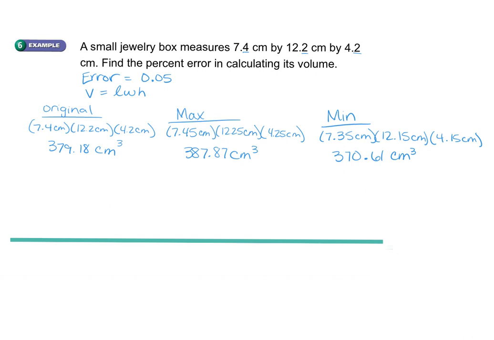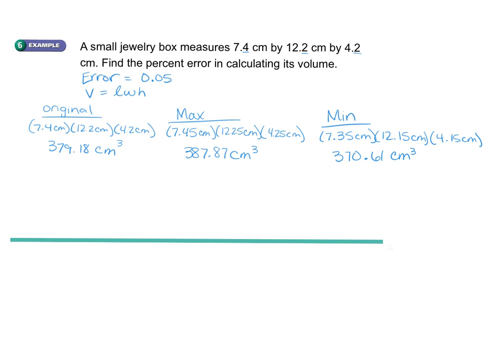All right, so we want to find the percent error. So to find our percent error, we're going to take our greatest possible error and divide by the original amount. Well, to find our greatest possible error, we need to actually figure out what is the greatest possible error.